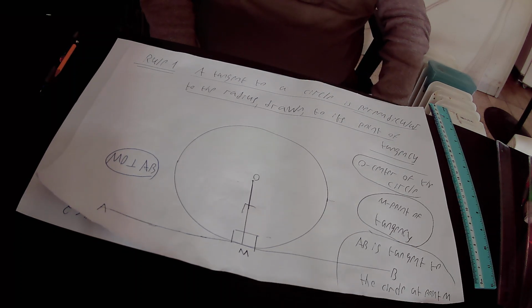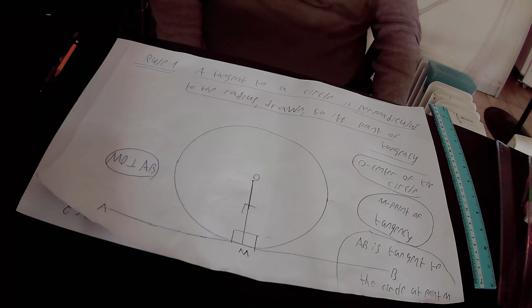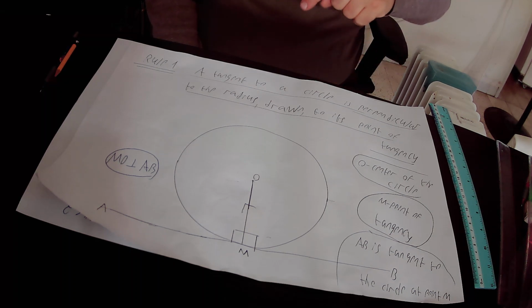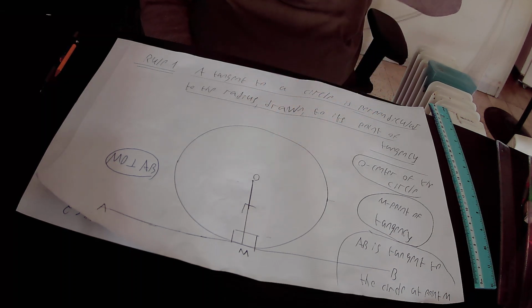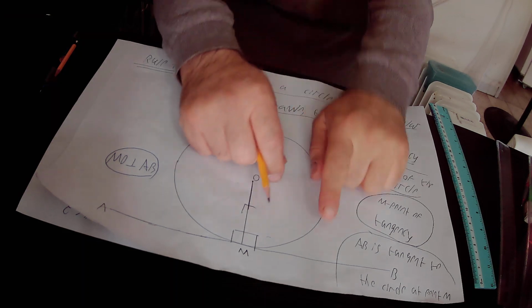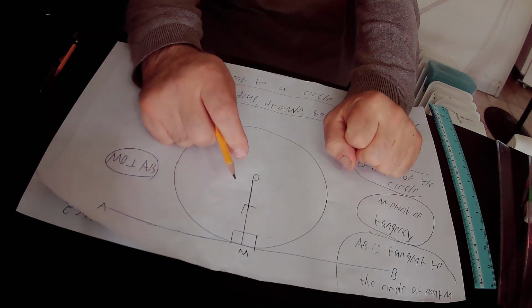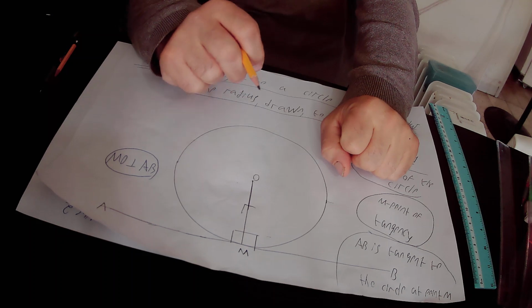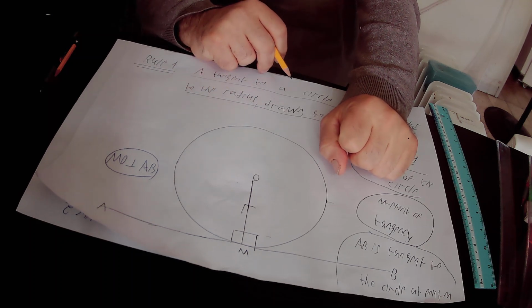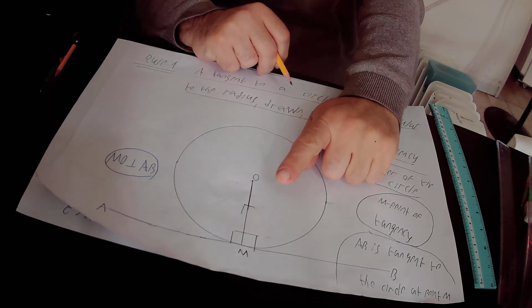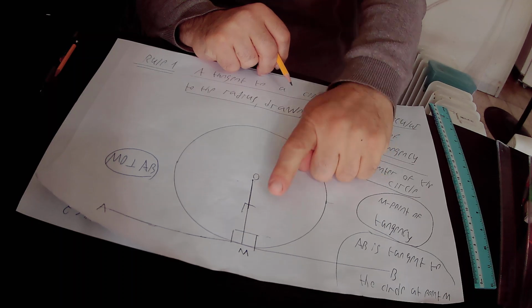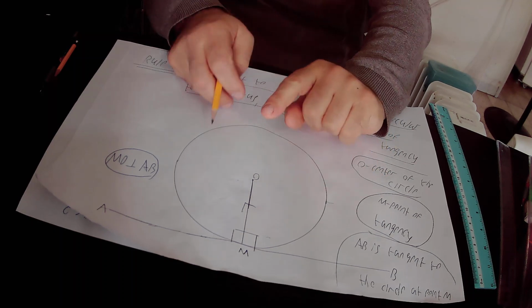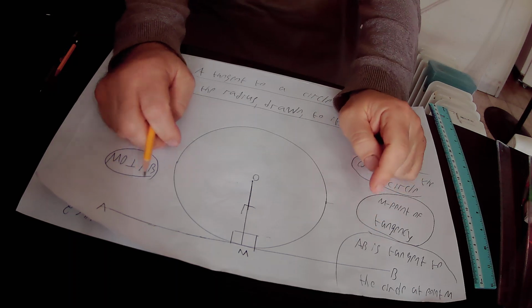a tangent to the circle is perpendicular to the radius drawn to its point of tangency. So in the drawing we have a circle and we also have tangent AB that is tangent to this circle here at point M. And we have the radius OM that is drawn to point M, the point of tangency of tangent AB with this circle.